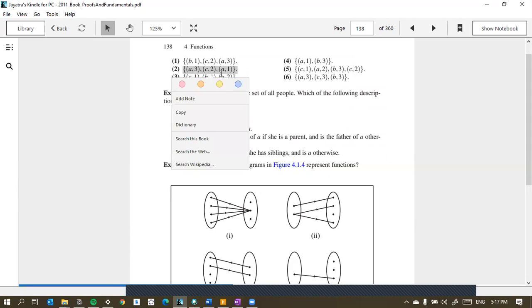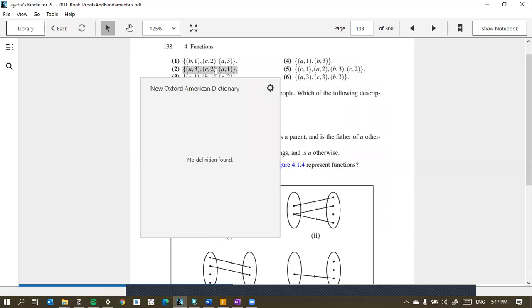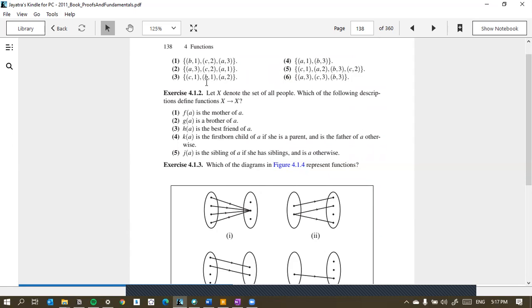Then for this one, a is going to 3, c is going to 2, a is going to 1. Now over here, a is going to 1 and a is going to 3, so this is not a function.